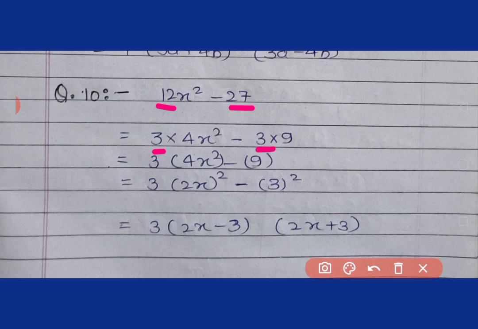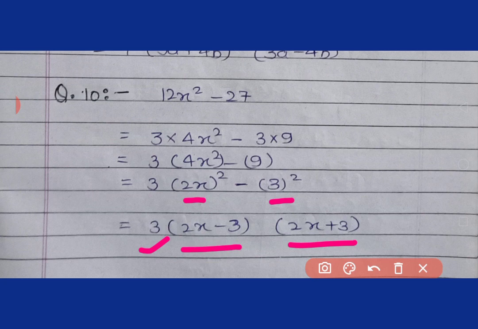So 3 is taken outside, so it remains 4x square minus 9. 4 can be broken into the form of 2 because 4 is the square of 2. So 2x to the power 2 minus 3 to the power 2. So it will be written in the form of 2x minus 3 and 2x plus 3, and 3 will be put outside.